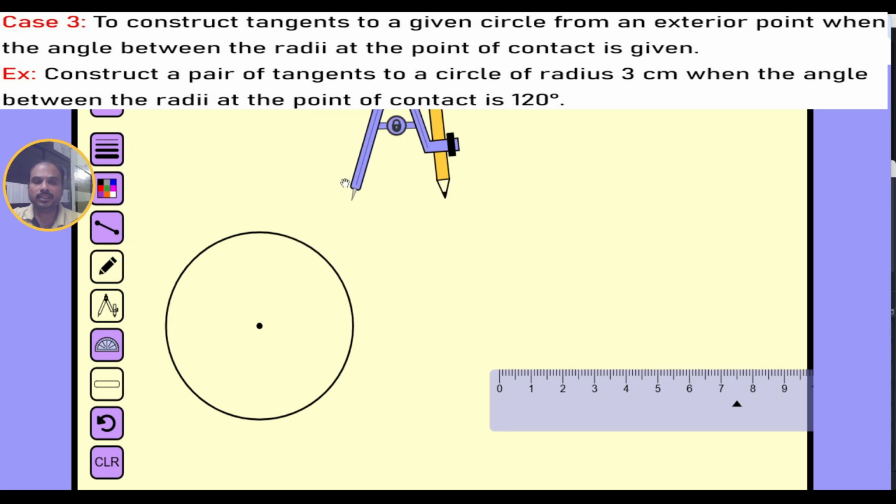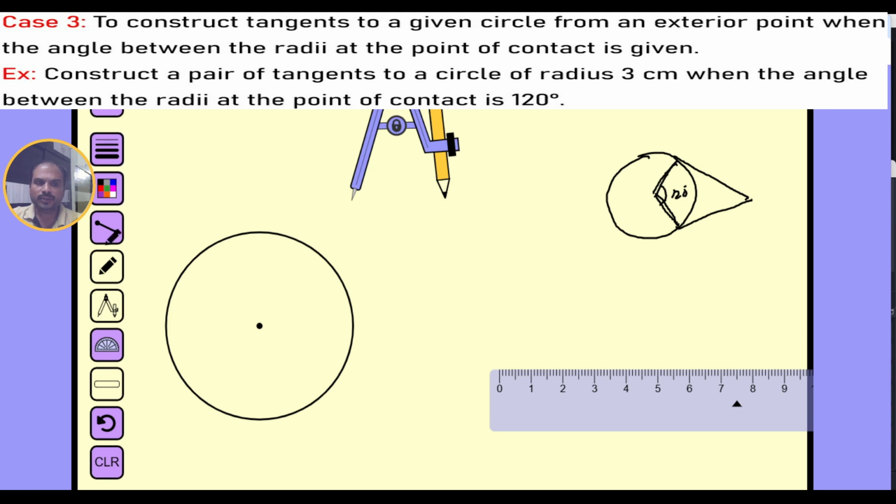Now the angle between the radii at the point of contact is 120 degrees. If you observe the rough figure, there will be two radii here, and the angle between them is given as 120 degrees. So the tangents should come like this, children. Now I have to draw the radii and construct 120 degrees between those two radii.